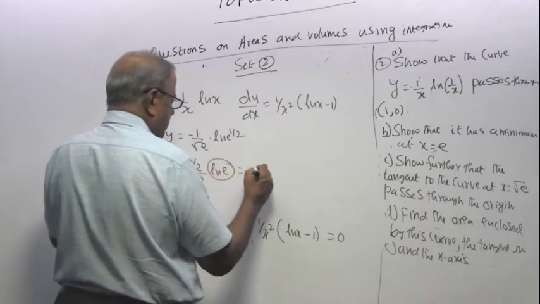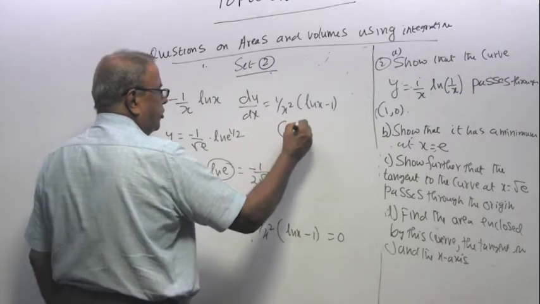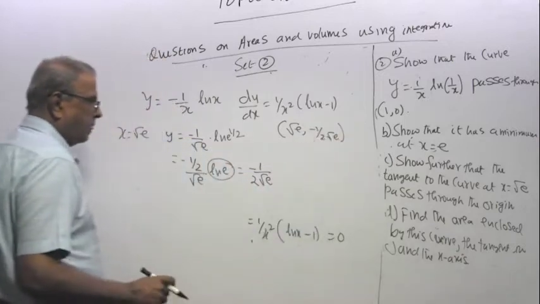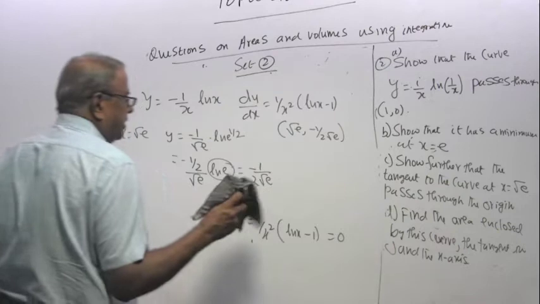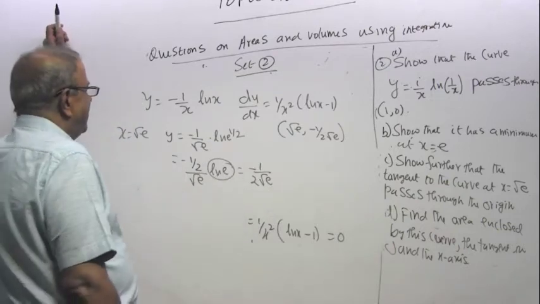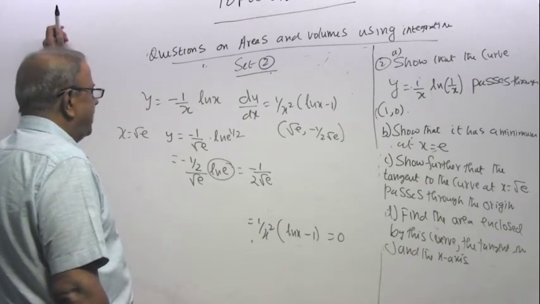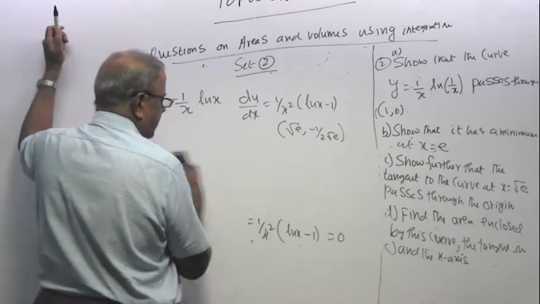So it is minus 1 over 2 root e. So the point is root e comma minus 1 over 2 root e. Agreed? Okay. Is that correct? Let me confirm because ln e power half is half ln e, half is 1 over 2 root e. Yes, I got that.